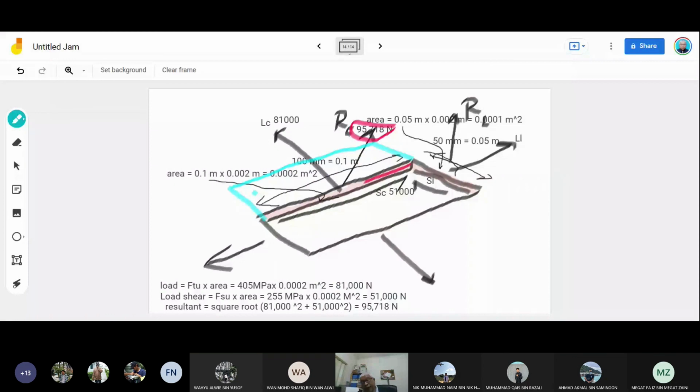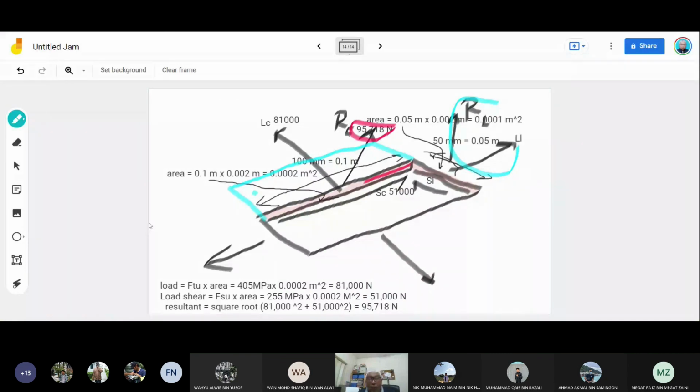You can continue to calculate this RL here in a similar way. It's already almost 4:30, so I think it's too late already. We can let you go. So now, what is the point?